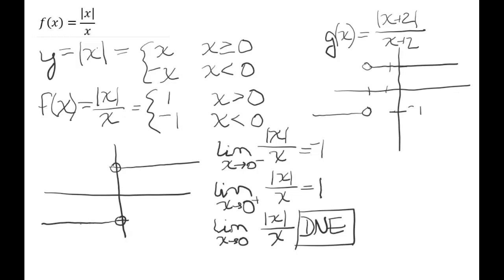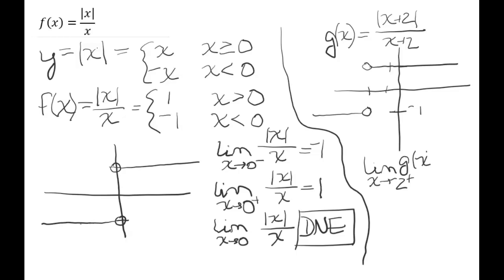So now the interesting place to look at here isn't 0 anymore, it's -2. If I look at the limit as x approaches -2 from either side, let's do the positive side of my function g, I get 1.